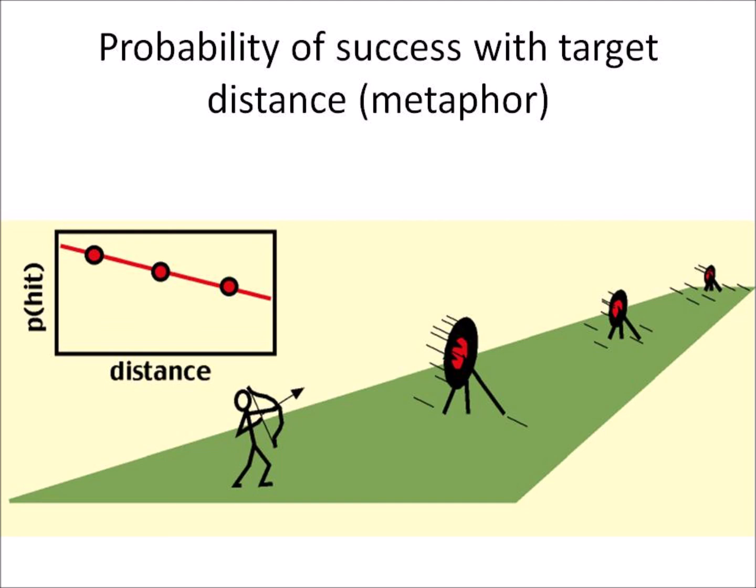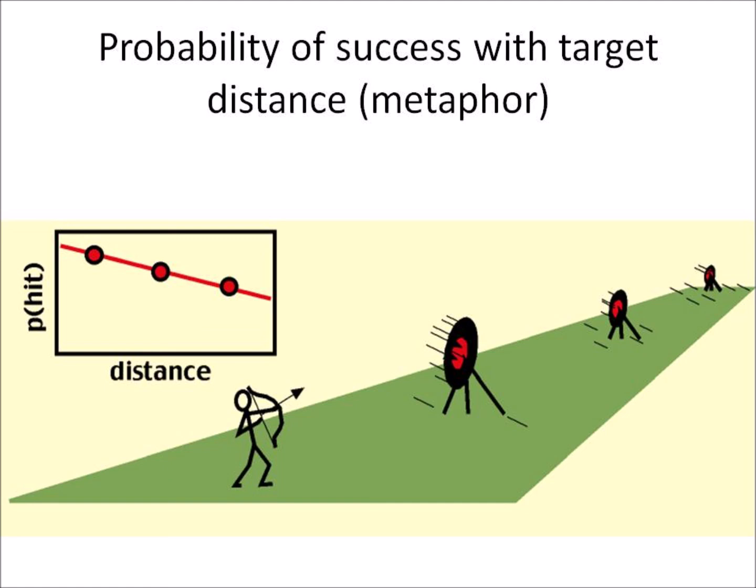But now I want you to look at these three targets and imagine them being at an equal distance from the archer, except the size of the target is going to vary. So you have a large target, a medium target, and a small target. So unless you have a really, really good archer, the success rate, the number of times the archer hits the target, there's going to be a much higher rate of success for the larger target compared to the smaller target.